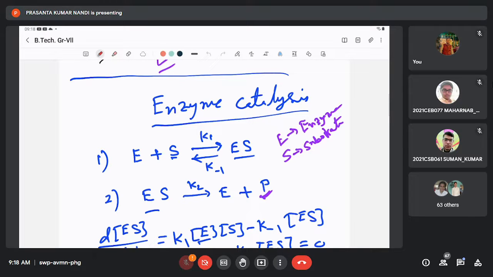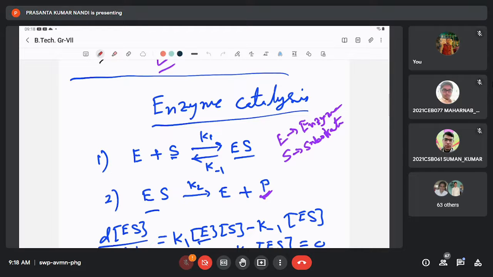First step, the enzyme and substrate react to produce an intermediate species labeled as ES. As shown here, it is a 1:1 ratio. They will combine to form an intermediate labeled as ES. And this formation of ES is a reversible step.